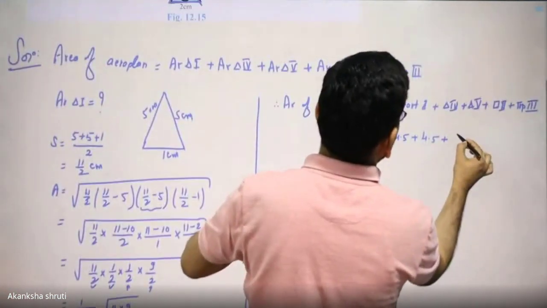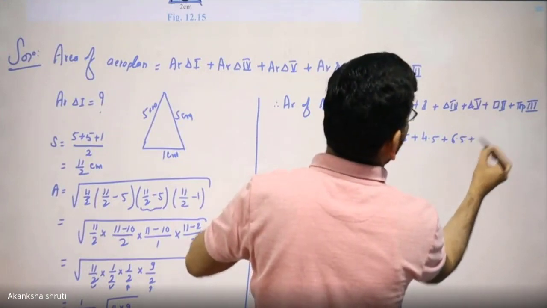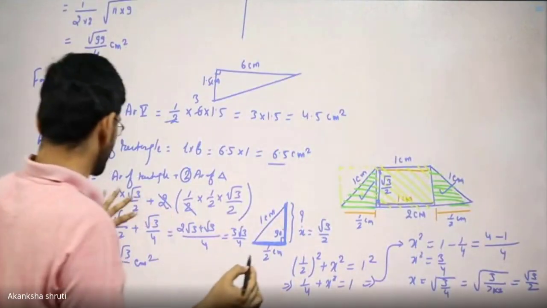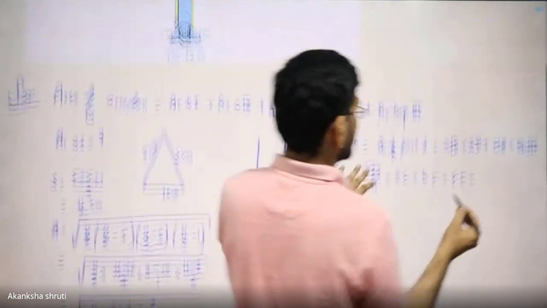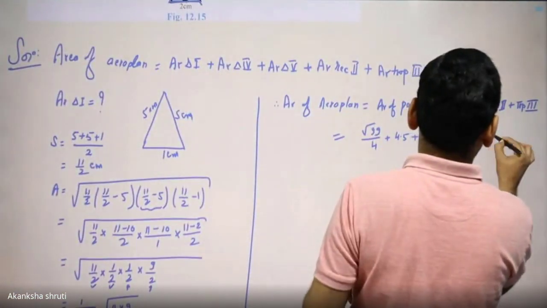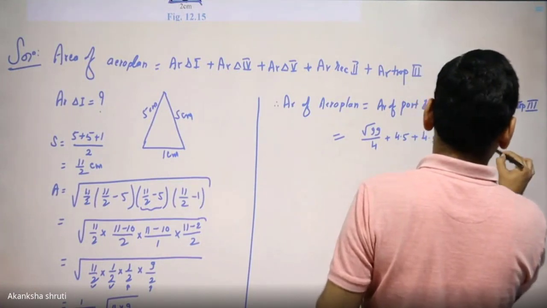It was our 6.5 plus area of trapezium, just we have calculated, 3 root 3 by 4.